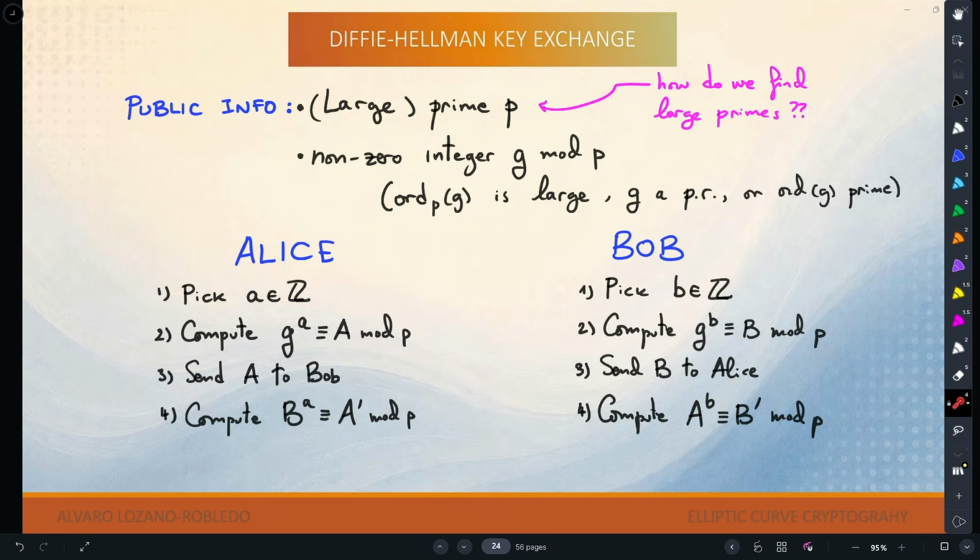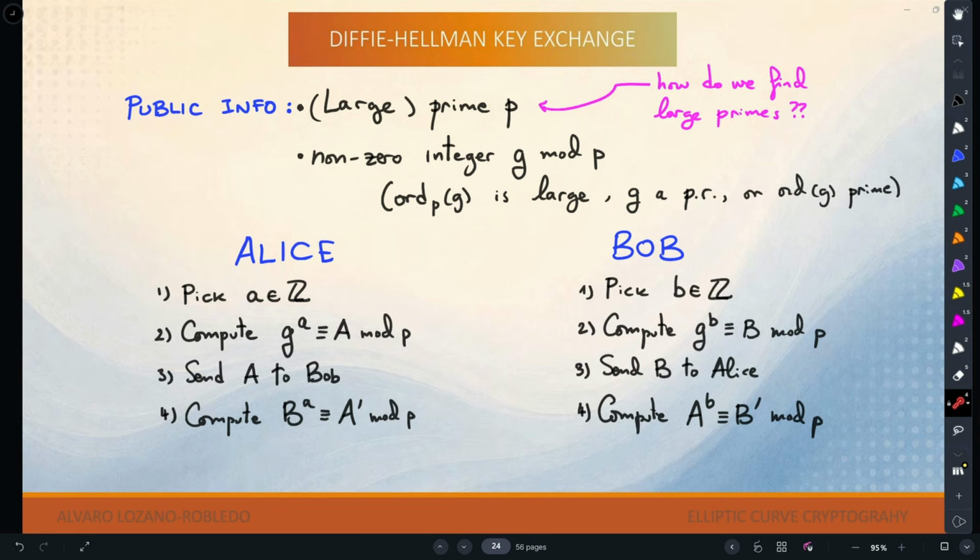Such a key is going to replace what spies were doing in 1917 in the First World War with the one-time pad. We just want to share one key that we can then use with a Vigenère cipher or something. Because this works very efficiently, every time we send a message we're going to change that key. So we keep doing this key exchange and translation of messages in real time.